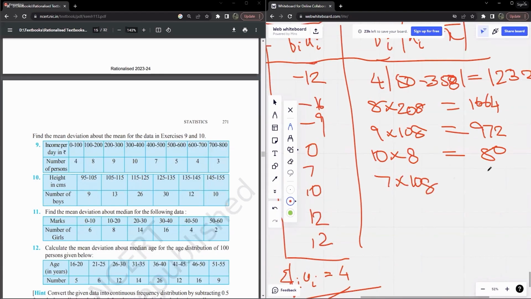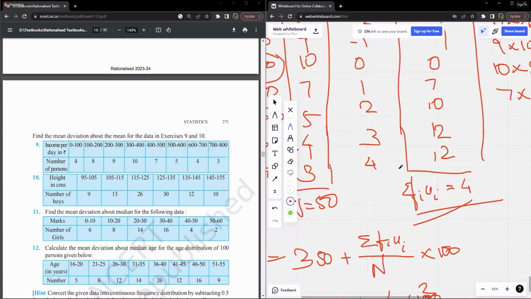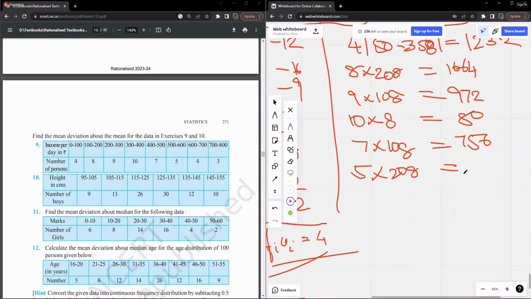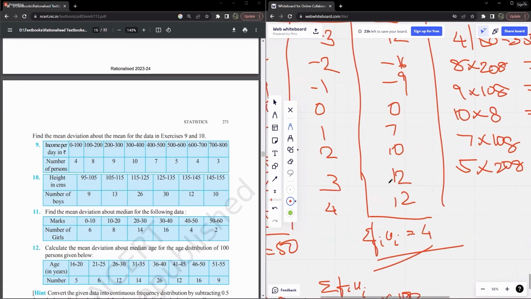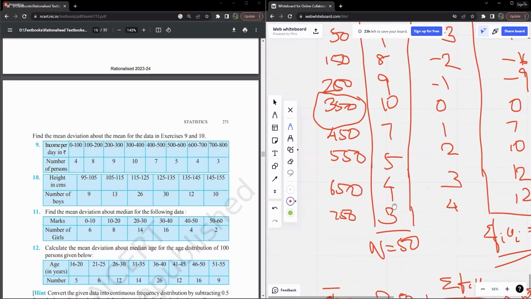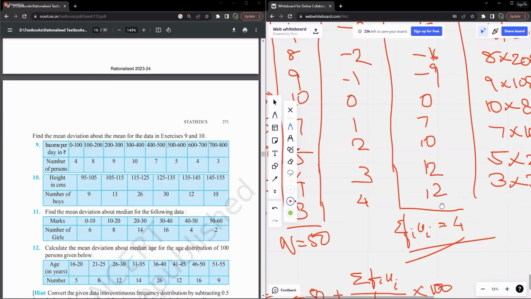That is going to be 756. Then you will have 5 times 208. 5 into 208. That is going to be 1040. Then you will have 3 times 308. 3 into 308. And you will have 3 into 408.